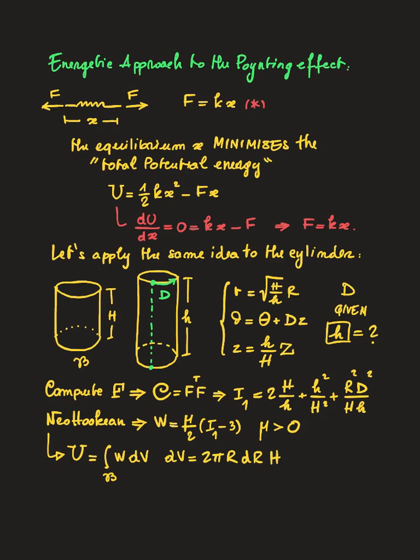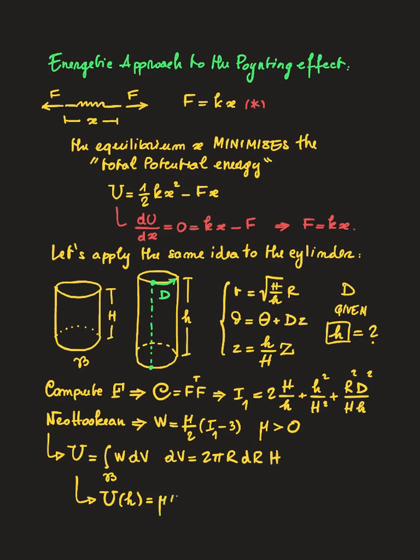Now, there's a very short calculation to do, and what you find is the following. The final expression of the energy of the cylinder can be written as only a function of h. And this expression, by the way, becomes very simple, and I just copy it here.